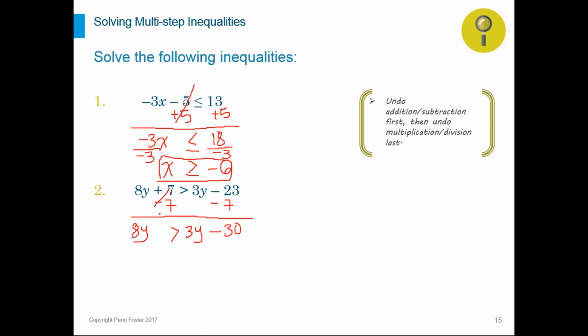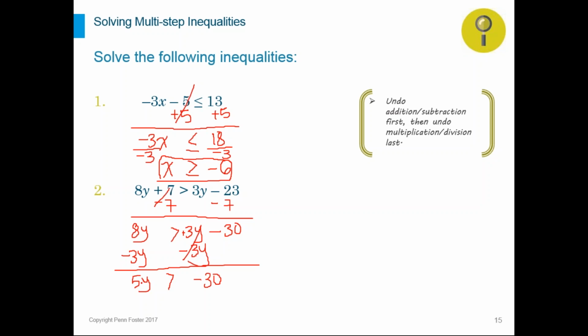Okay, still have a y here and a y there. I need to bring this y to the left-hand side. This is added, that's a positive sign, so subtract and subtract. So 8 minus 3 will give you 5y, greater than, that's a 0, negative 30. I'm not done yet.